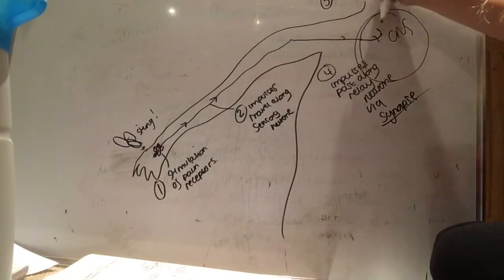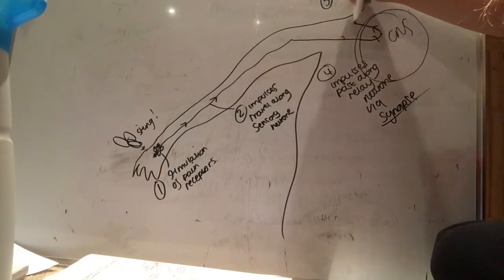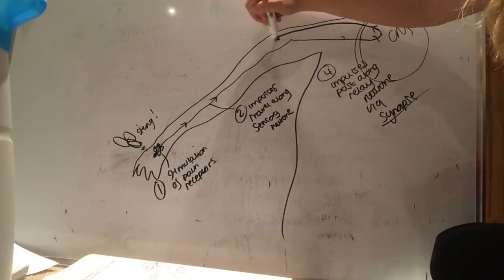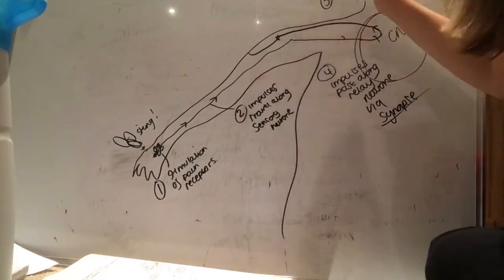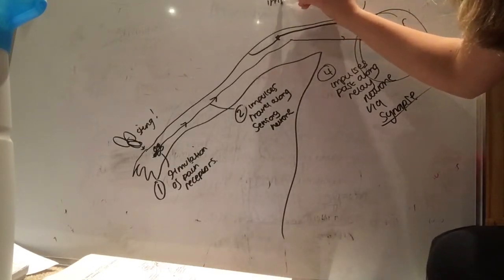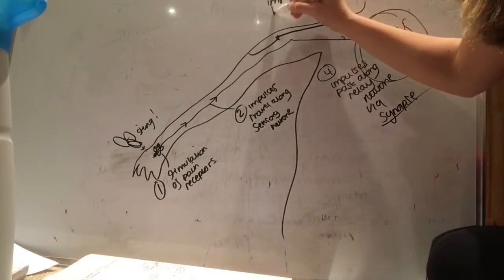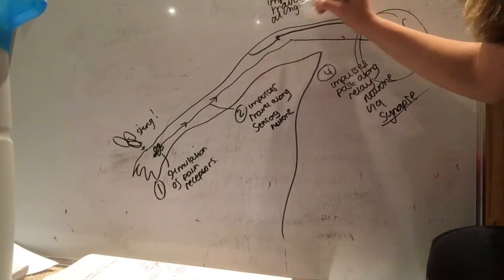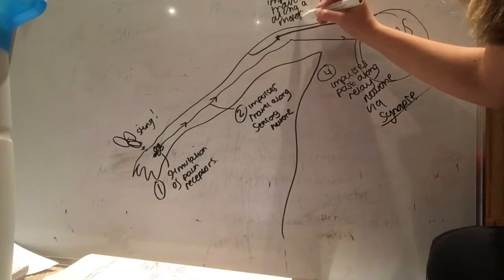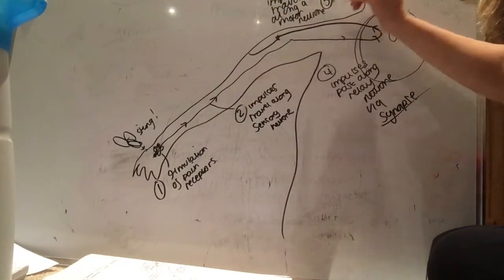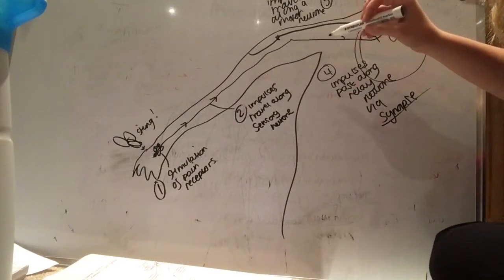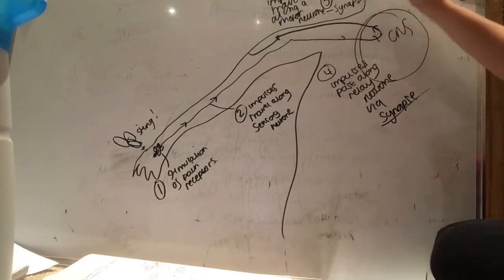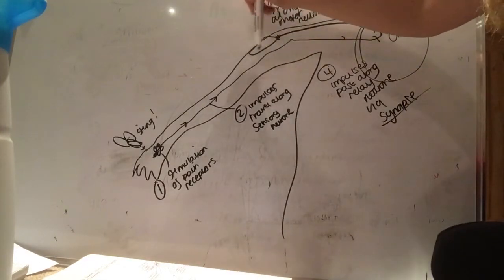the impulses go from the relay neurons to the motor neurons. This is the motor neuron. So impulses via a synapse, because we go relay, synapse, motor, and then we go to the muscle.